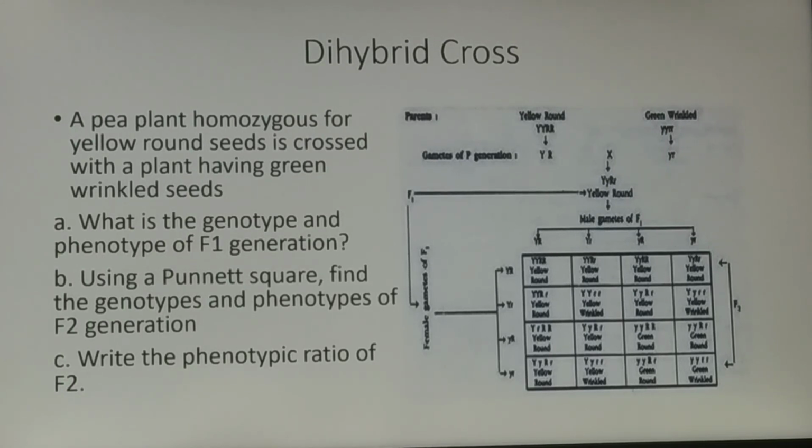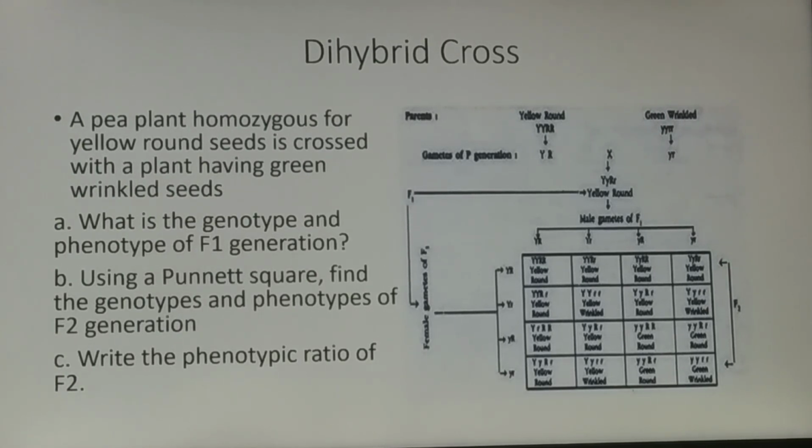So, what is the phenotypic ratio of the F2 generation? 9 yellow round is to 3 yellow wrinkled is to 3 green round is to 1 green wrinkled. That is 9 is to 3 is to 3 is to 1. That is the phenotypic ratio of the F2 generation in a dihybrid cross.